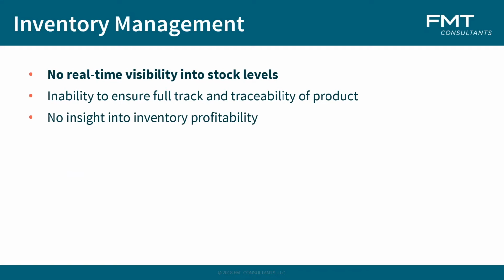So let's kind of begin now by discussing some of the challenges that manufacturing-based business models face today when using ERP solutions that really are not scaling with their business growth. One of the things I've highlighted there, no real-time visibility into stock levels. So as a result, that's going to produce production line delays.